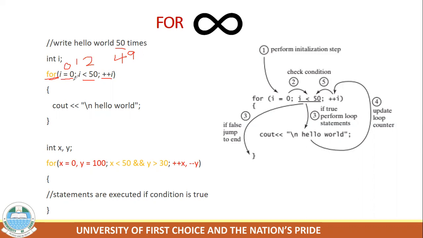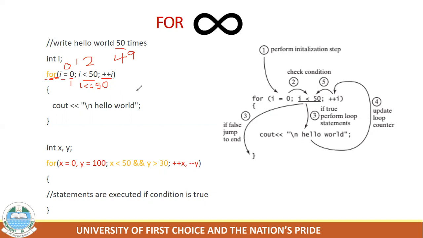But if I start at i equals 1, then I have to stop at 50, so i must be less than or equal to 50. So that's 50 times. So my starting criterion is i equals 0. I'm stopping when i is less than 50, that is to say 49, and I'm incrementing by 1.